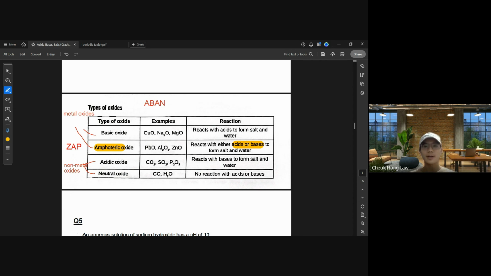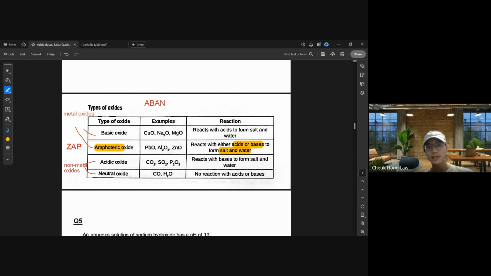All these oxides can react with either acids or bases to form salt and water. They are very special kinds of oxides, and they are metal oxides also.